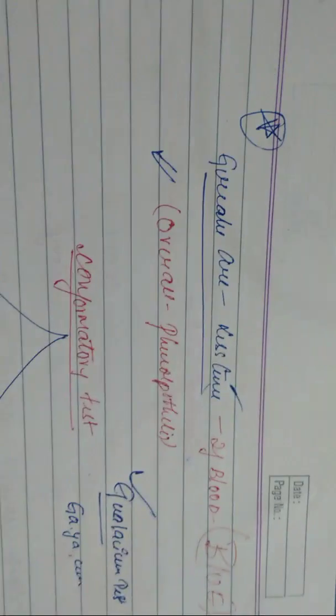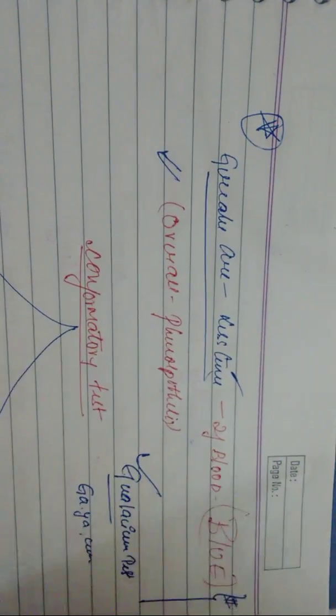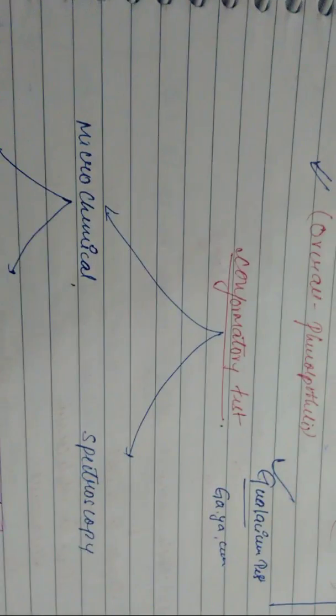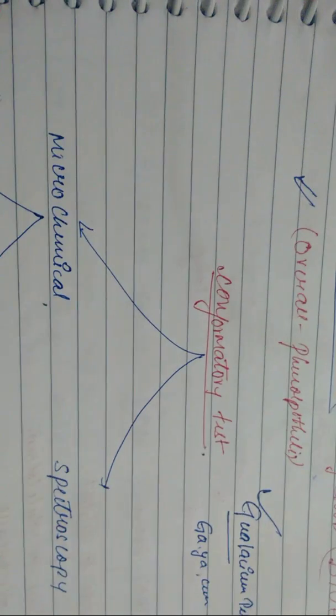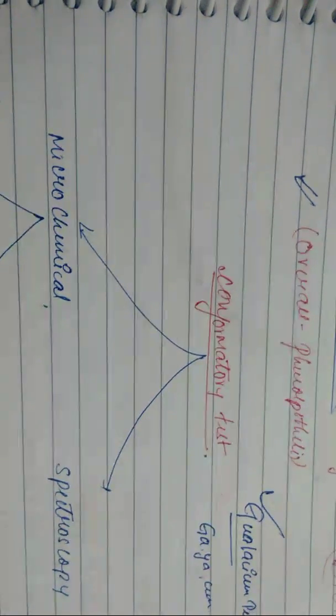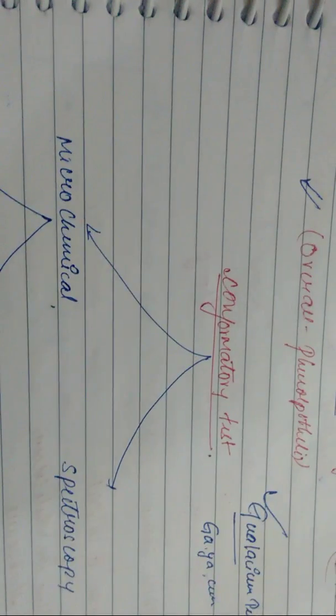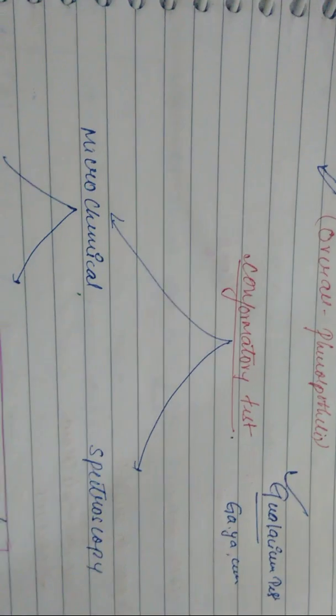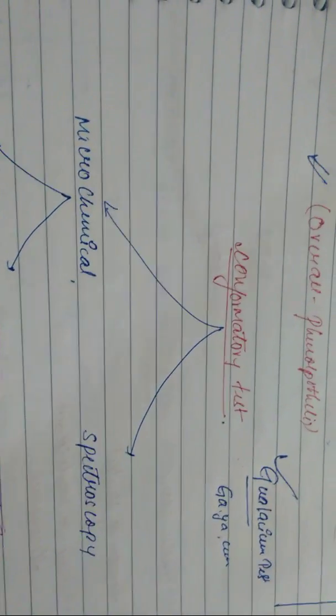Now it's time to understand the concepts of the confirmatory tests. How do we confirm that the stain is perfectly blood, it's not something else? Those confirmatory tests are divided into two: the microchemical test, and next spectroscopy.